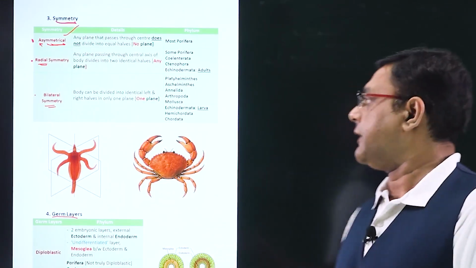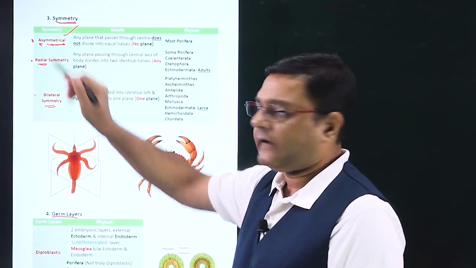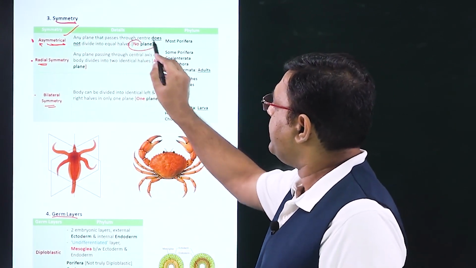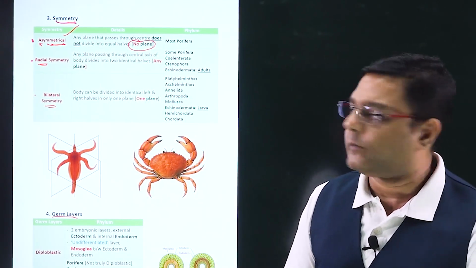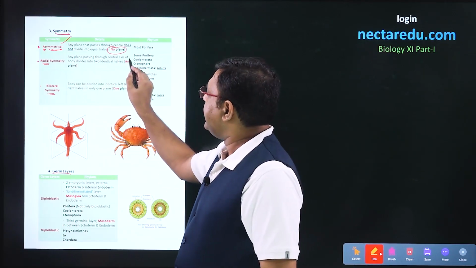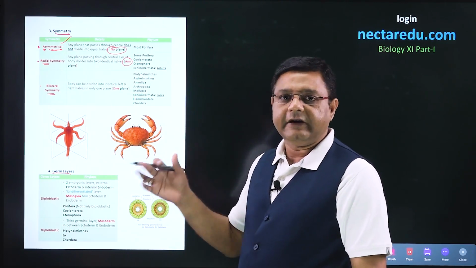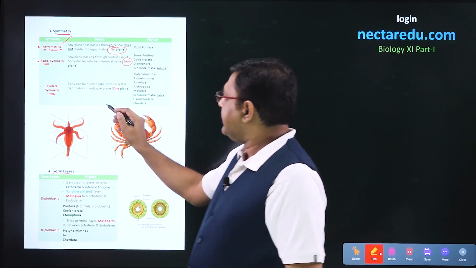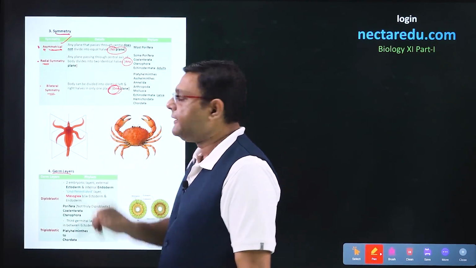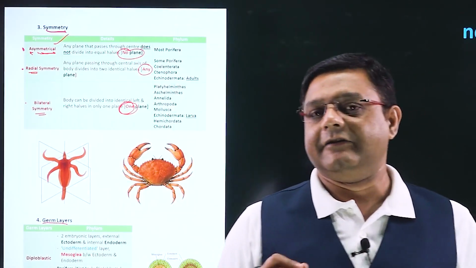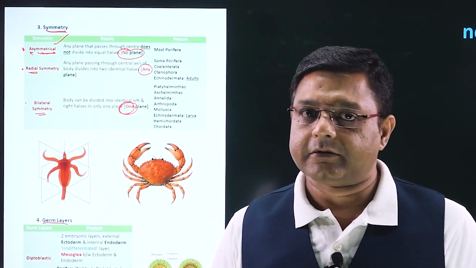So, we can summarize that in the case of asymmetry, there will be no plane which will divide it into two equal parts. In the case of radial symmetry, any plane which passes through the center will divide it into two equal halves, and in the case of bilateral symmetry, it will be just one plane that divides the object into two equal parts.